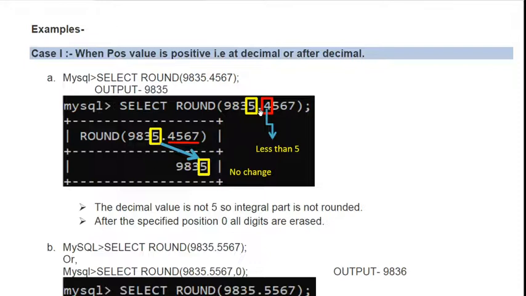Okay, so the decimal value is not 5. Decimal values this side, that is 4, which is less than 5. So the integral part, before decimal, is not rounded. That's why no change. So 9835 will appear in the output by truncating all the decimal places. Okay, so the output is 9835.